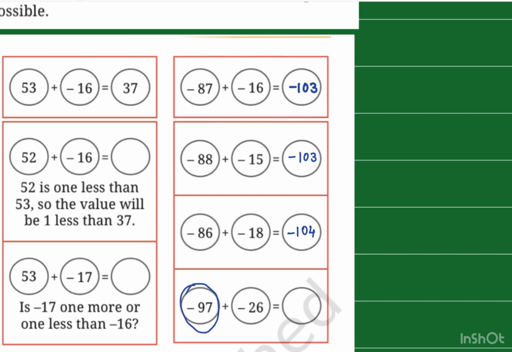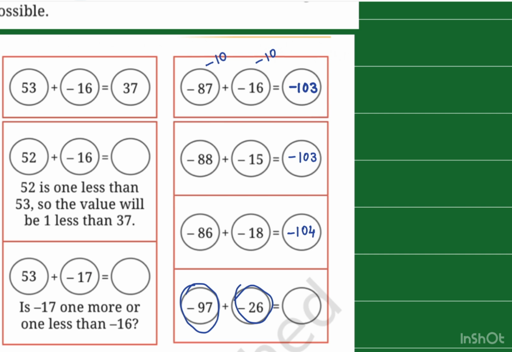Minus 97 is got by subtracting 10 from minus 87. So we subtracted 10 here, and minus 26 is got by subtracting 10 from minus 16, so minus 10 minus 16 is minus 26.